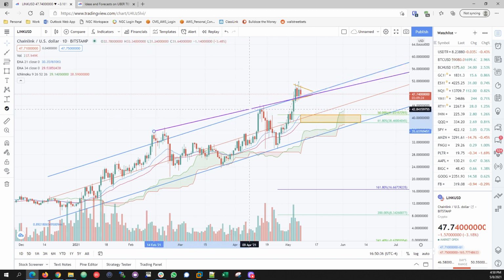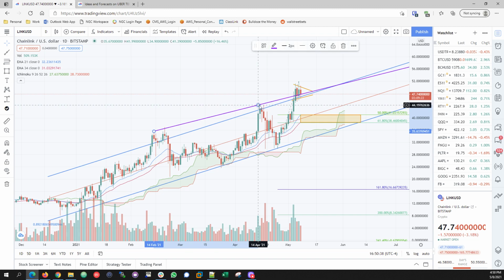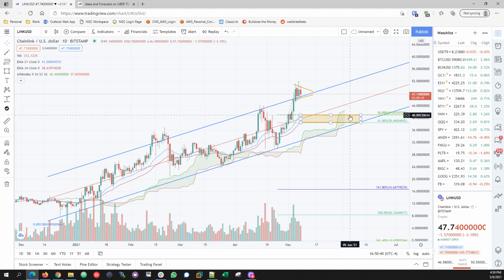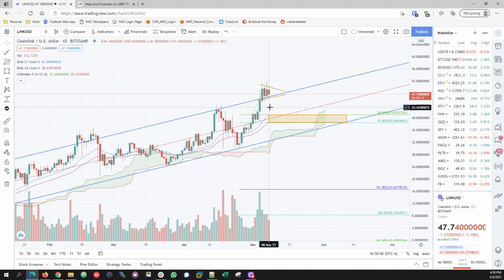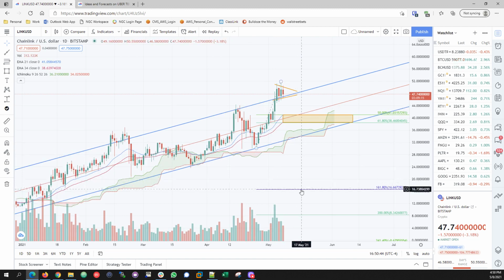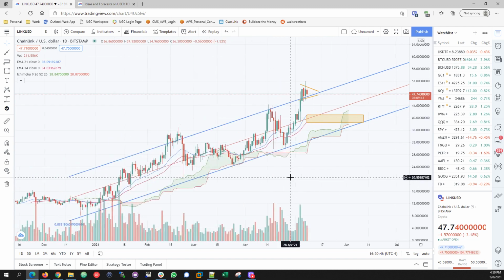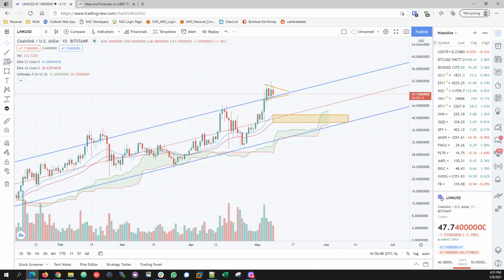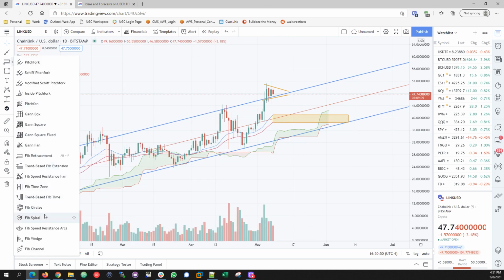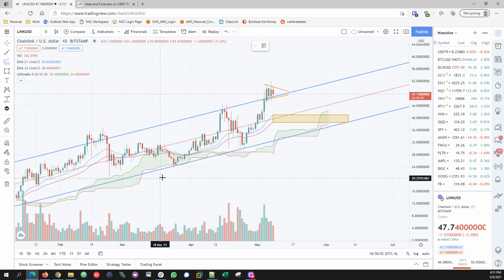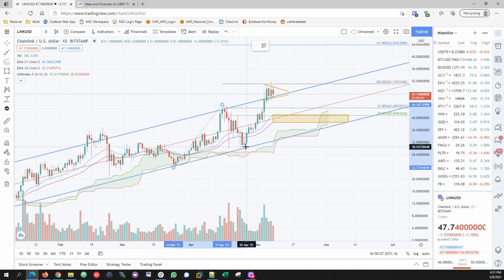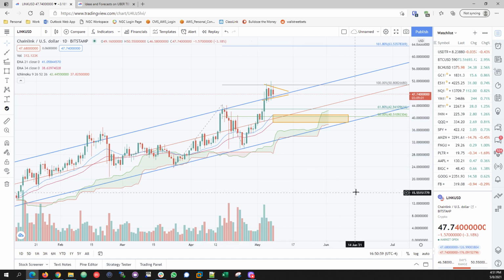Sometimes I do get emotional, no doubt. So I would just look for this. Even though it's flagging, we clearly saw from this extension that it has already reached 100%. Okay, it has reached 100%.